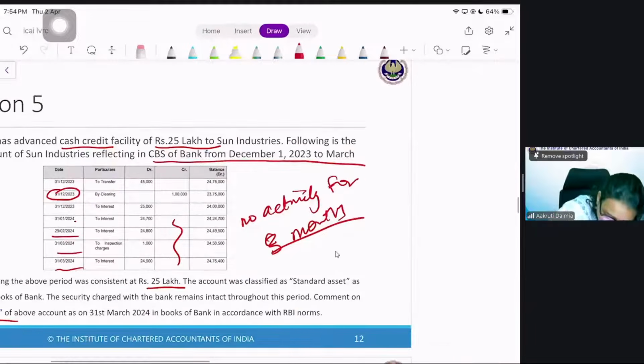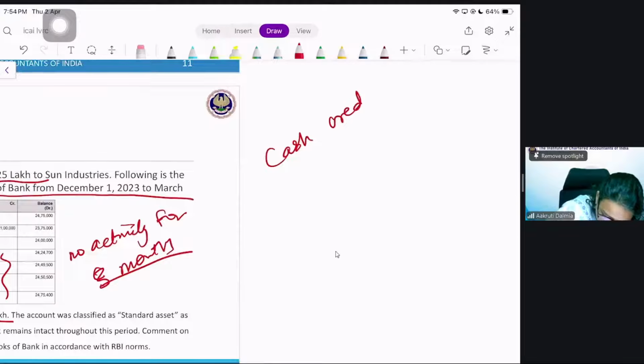Okay. For cash credit, does anyone remember how it becomes out of order?